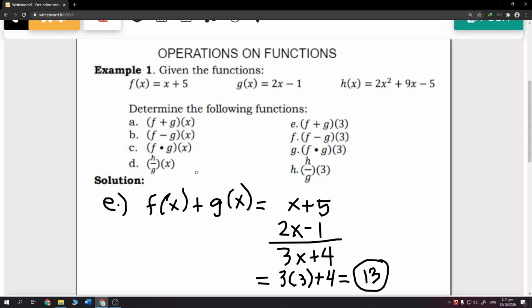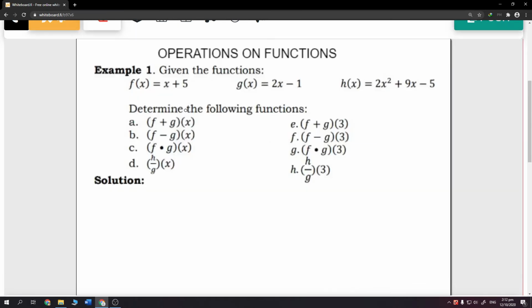So what if you substitute 3 first into both functions before adding? Let us see if we still have the same answer, which is 13. So letter E, f of x plus g of x.